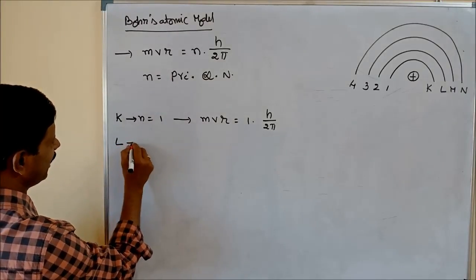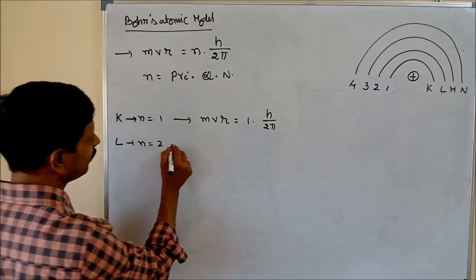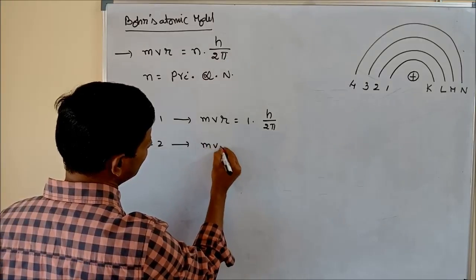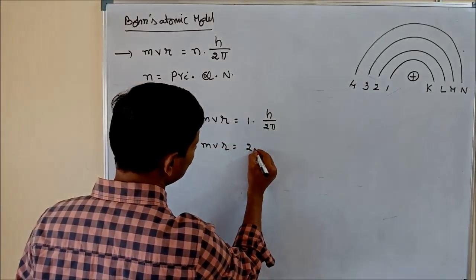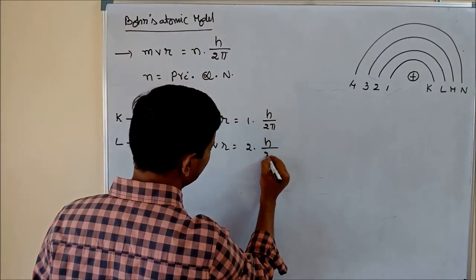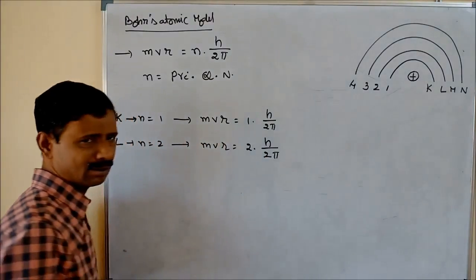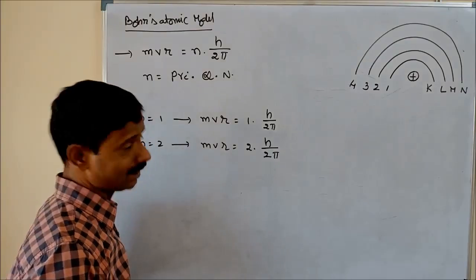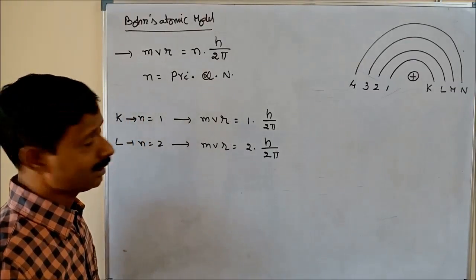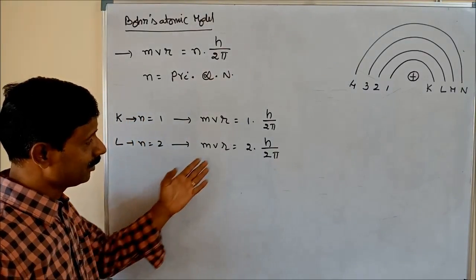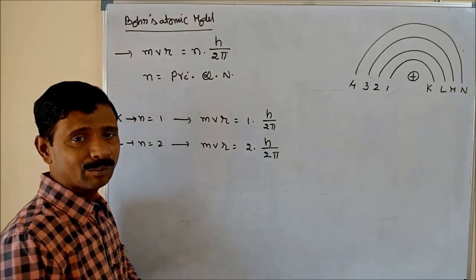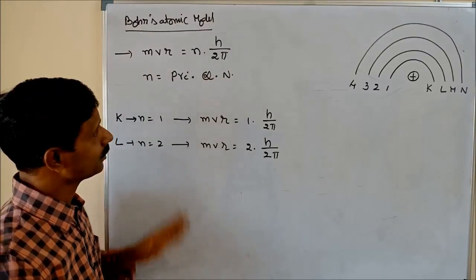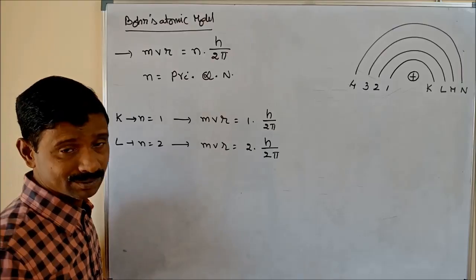Similarly, in L shell, n equal to 2, where mvr is equal to 2 into h by 2 pi, or we can write it as h by pi. Regarding that too, we will discuss later. Like that, by substituting the n value, we get the angular momentum of the electron. So this is the postulate he proposed.